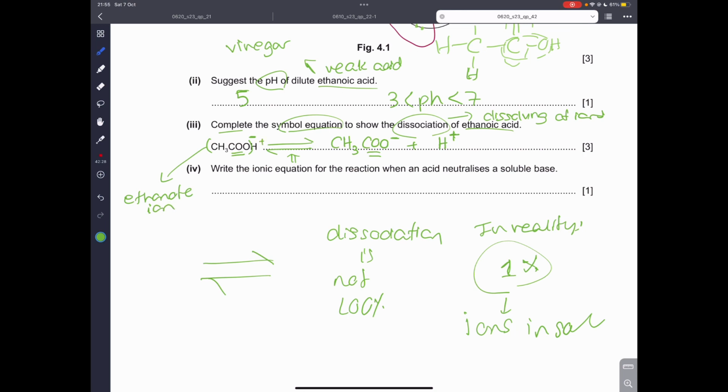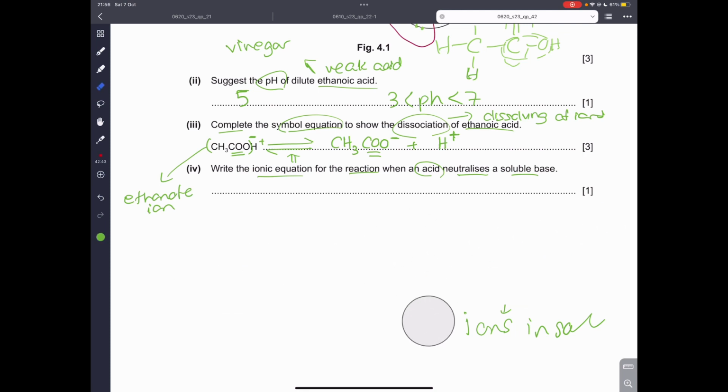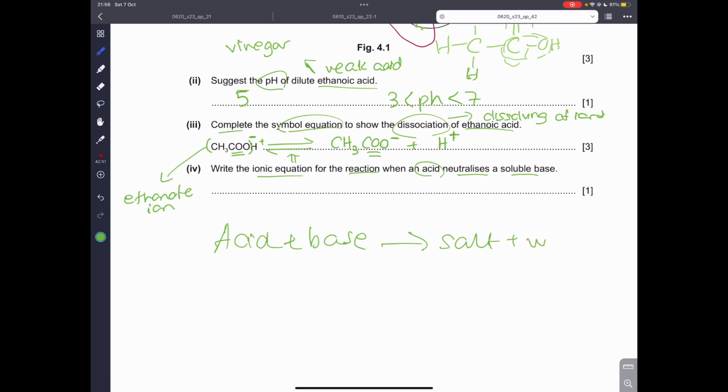Now write the ionic equation for a reaction when an acid neutralizes a soluble base. Basically, when an acid and a base react, acid plus base, it is going to form salt and water as its waste product.